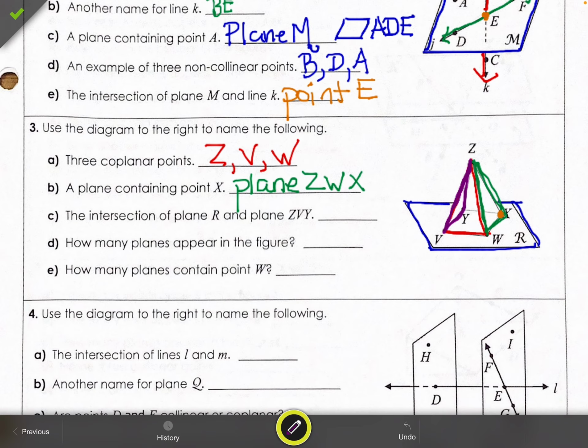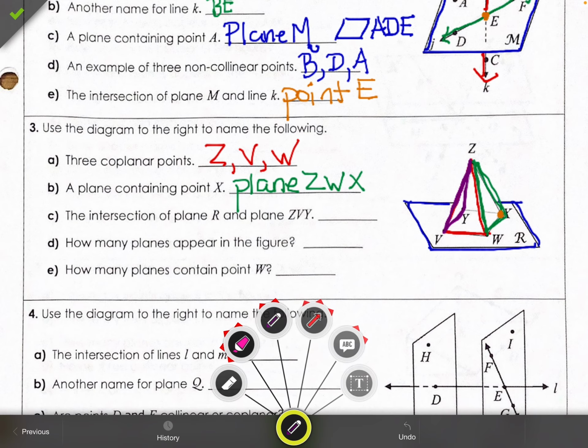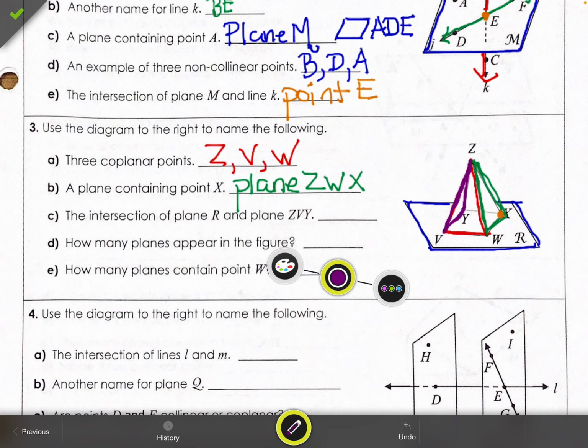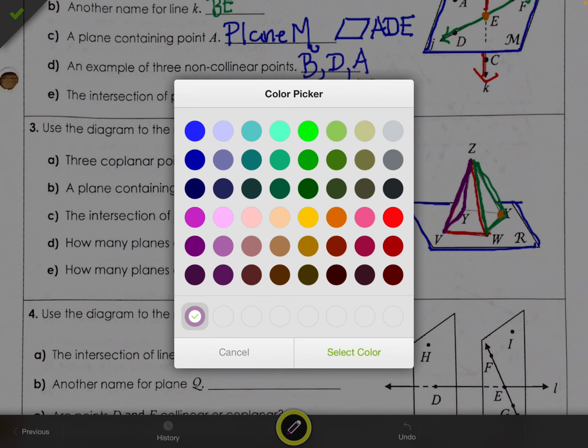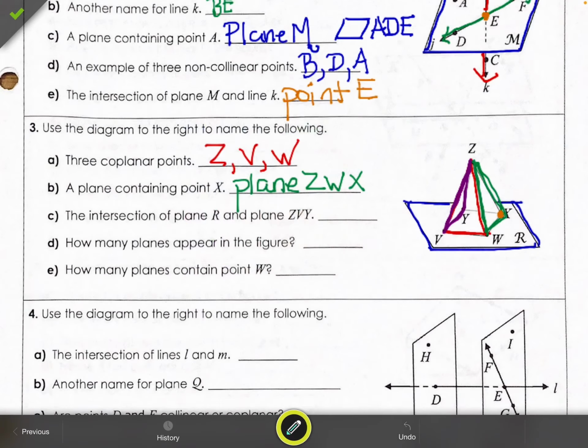If I look at my blue plane, plane R, and my purple plane, plane ZVY, what I notice is where they come together is, let's try this obnoxious green, this piece right here. It's on plane R and it's also part of plane ZVY, or that side of the pyramid.